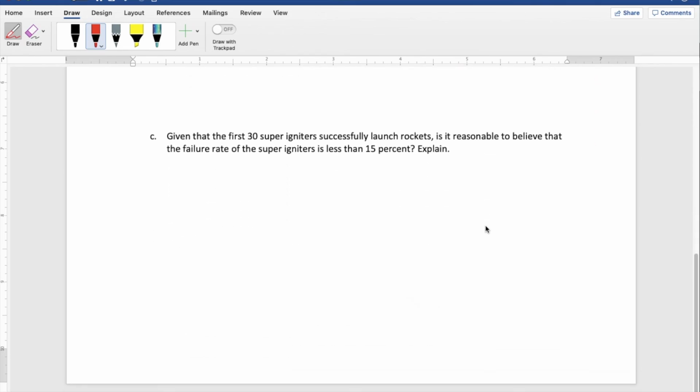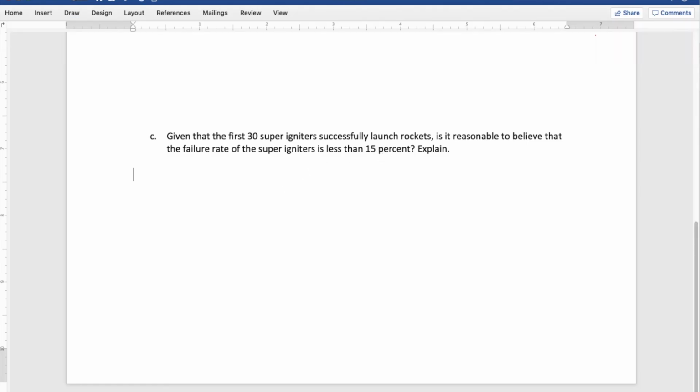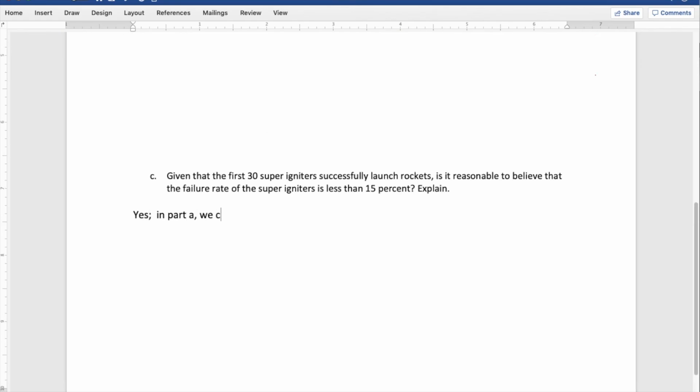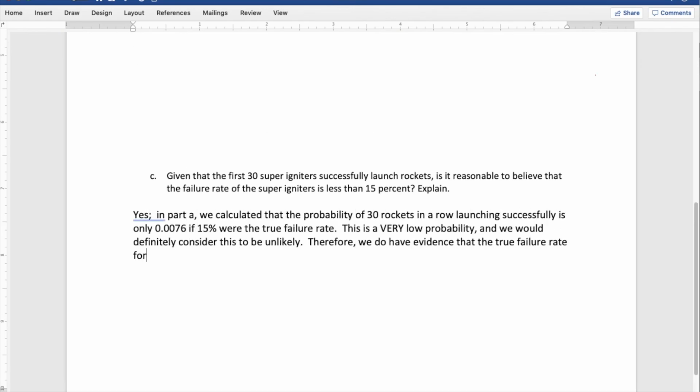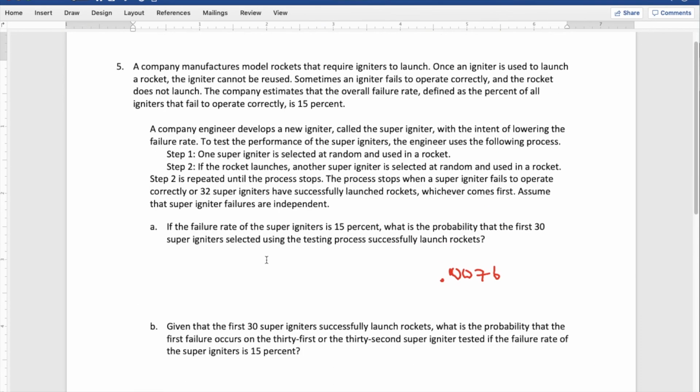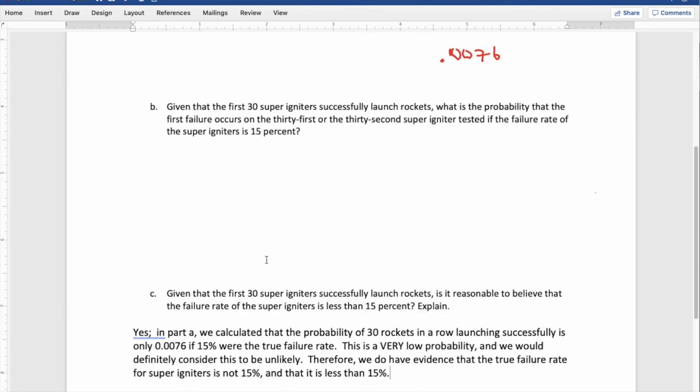And that may lead us to believe that maybe that 15% failure rate is not actually true. Since it was so unlikely to get that many successes in a row, this gives us good evidence that the failure rate is probably not as high as 15%. So I'm going to type something like that. So that is my answer to part C, and that is number 5.